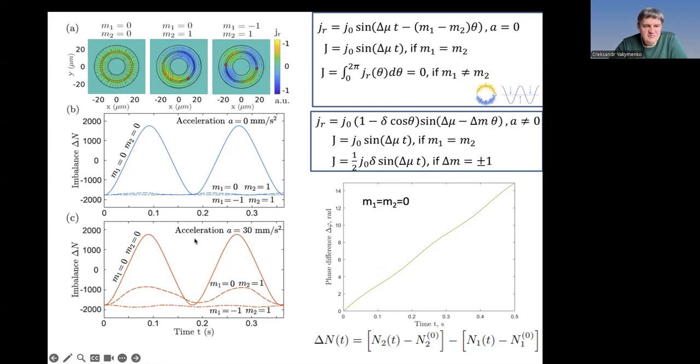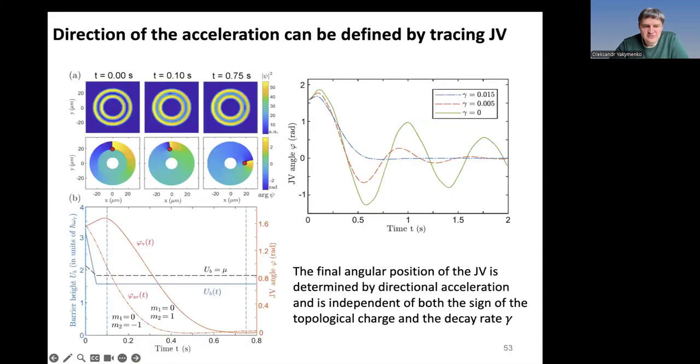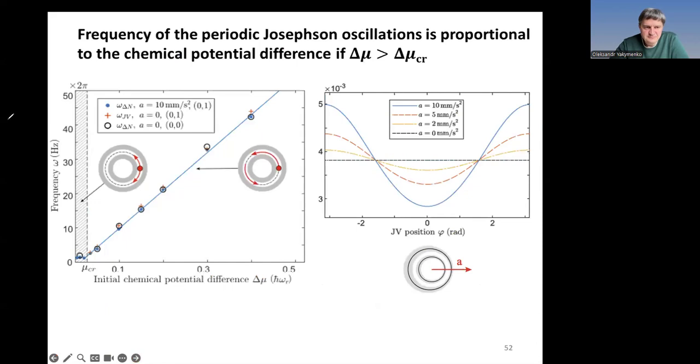Okay, but maybe we can use this for measuring acceleration. Yes, in fact we can, and this is because if you have the accelerated ring like shown here, due to this bias you have a kind of potential well, as shown here.